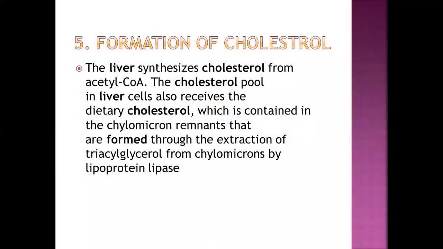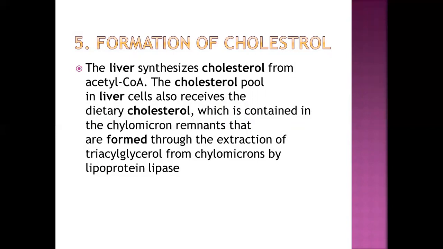Next is formation of cholesterol. How is cholesterol formed? The liver synthesizes cholesterol from acetyl-CoA. Acetyl-CoA is the end product of glycolysis. Then the cholesterol pool in the liver cell also receives the dietary cholesterol, which is contained in the chylomicron remnants that are formed through the extraction of triglycerol from chylomicron by lipoprotein lipase.